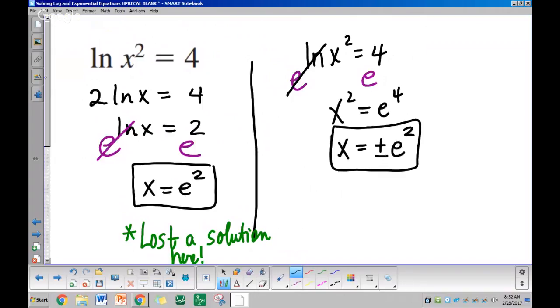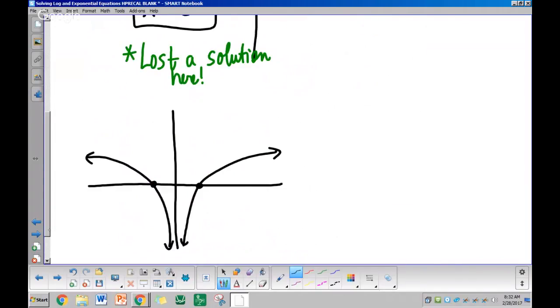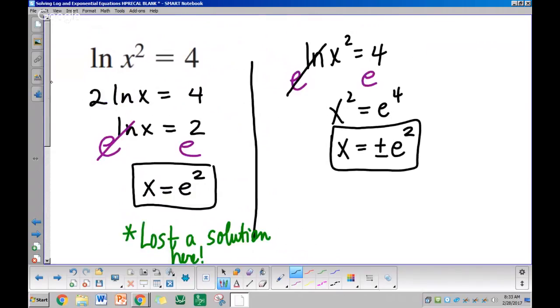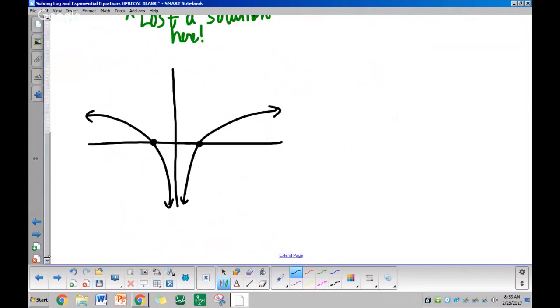So if you look at the equation, what does it say? Natural log of x squared equals 4. If we were thinking about it graphically, what would happen here? I'm going to make this not to scale. Let's say I put 4 here.